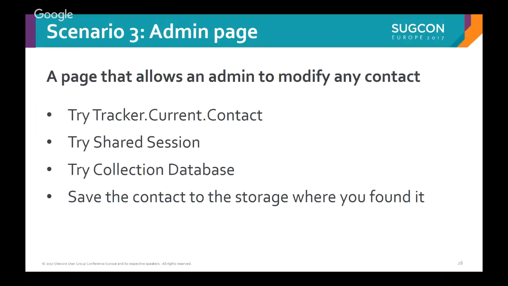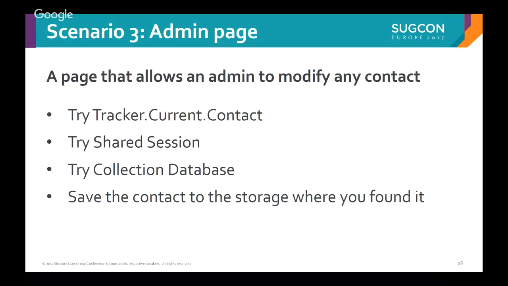And the most complex case is this one, where you are on a page, but the current contact is not the contact you're trying to modify. So first you can look if the current contact is yourself, basically.